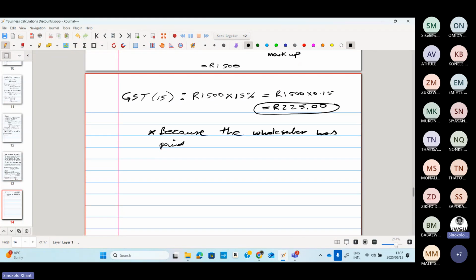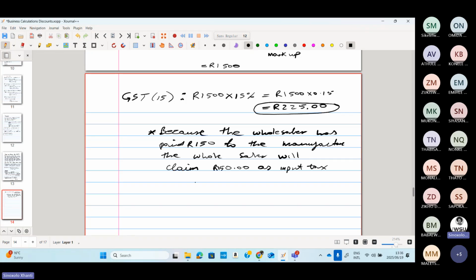Because this wholesaler has paid 150 rands to the manufacturer, the wholesaler will claim 150 as the input tax credit and only pay to the government.